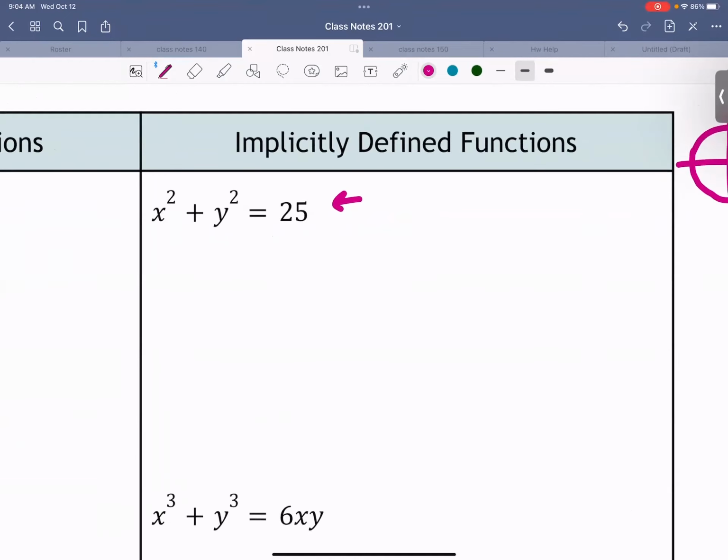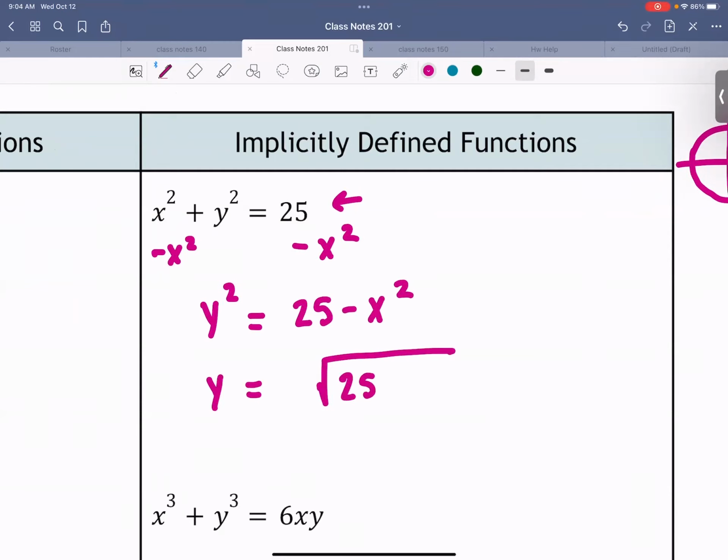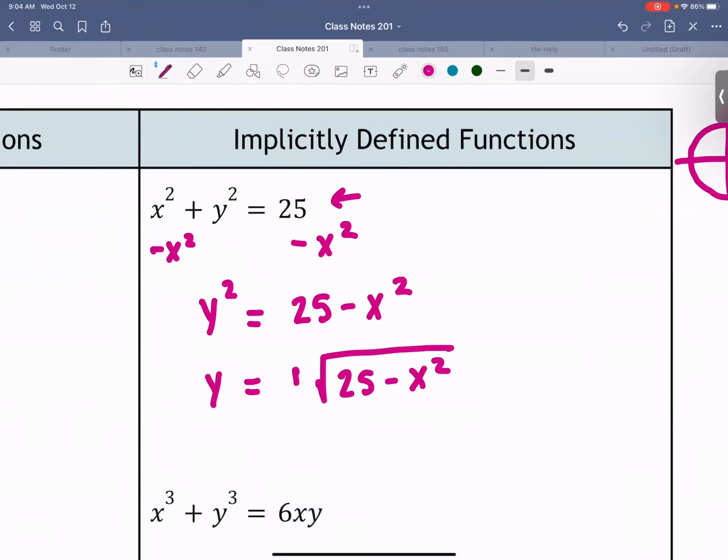I can turn this into an explicitly defined function, the function on the left, by solving for y, right? So I could subtract x squared on both sides to get y squared equals 25 minus x squared. And I could take the square root of both sides. What am I forgetting when I take the square root? Plus or minus sign, right?